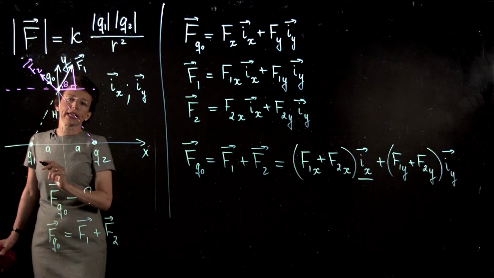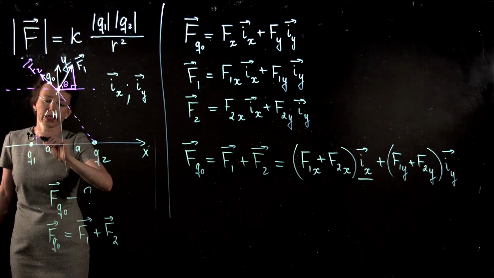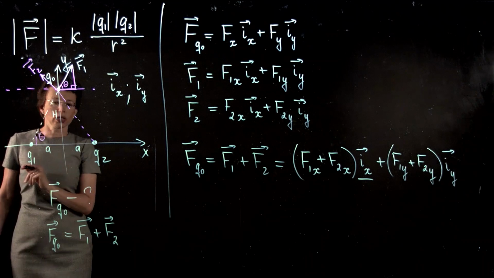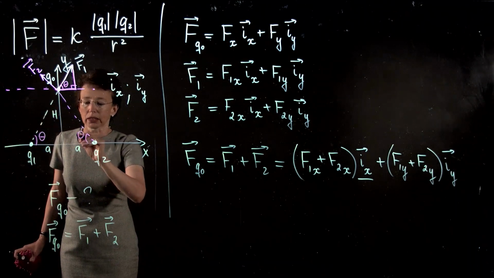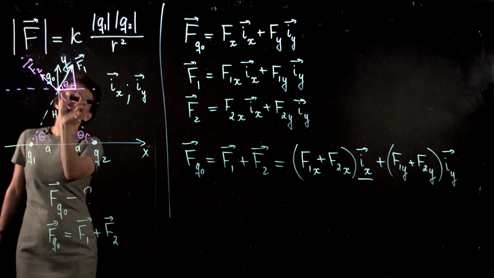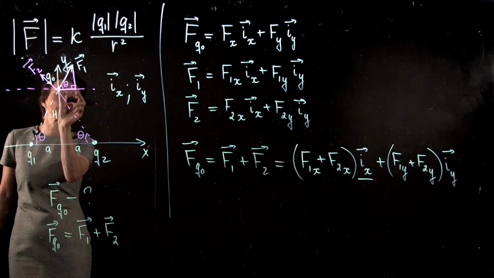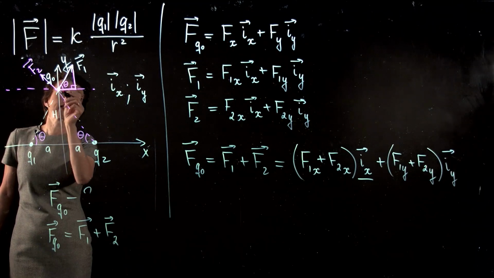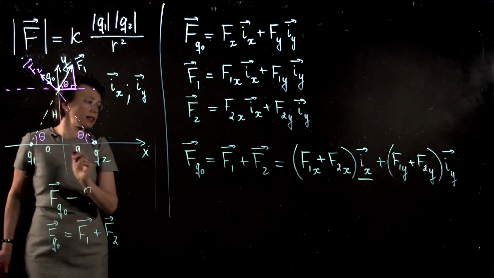Let's call it theta. Well, we understand that this angle theta is equal to this angle, which is now also theta. And this angle is equal to this angle. Good to know, because this is a and this is a. Okay, so this is x component of F1. First question, positive or negative? It's positive. It is along positive x direction.